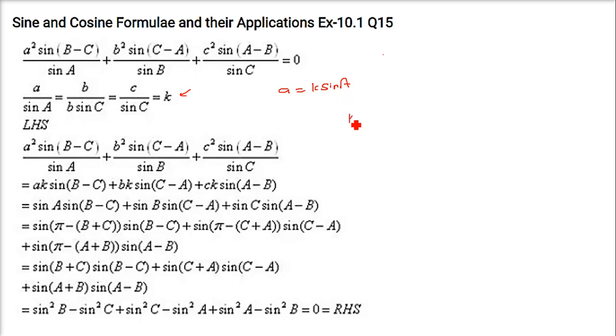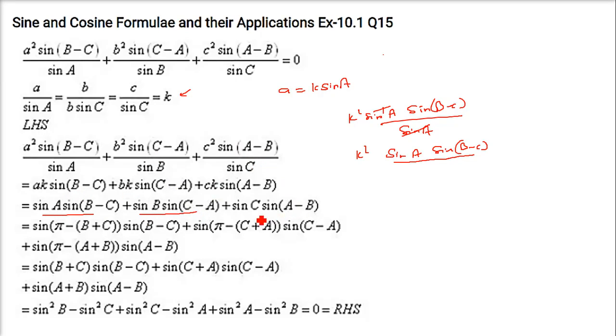A square will be k square sin square A, and this will be sin B minus C. And then you have sin A. So one sin A cancels, and you get k square sin A sin B minus C. So if you see here, k square we can take common from here, here, here, and what will remain? Sin A sin B minus C here, and here what we get? Sin B sin C minus A. Here we get sin C sin A minus B.